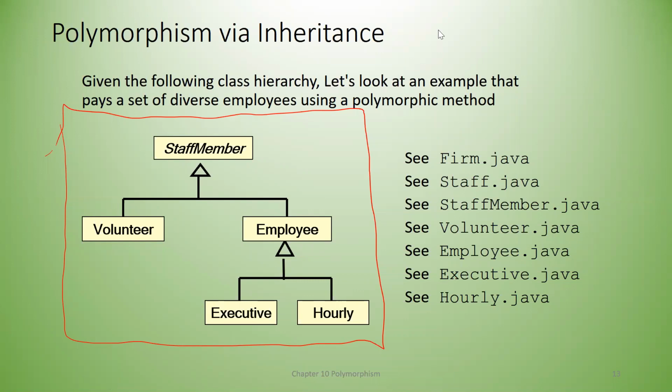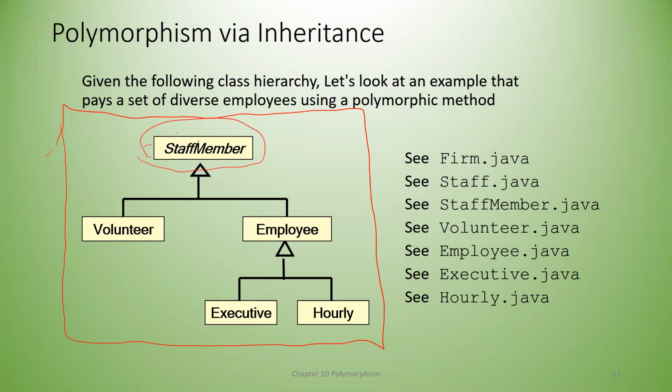Okay. And then hourly and executive are children of employee. Yes, and volunteer is the last branch, last class in this branch, right? So yes, that's correct.